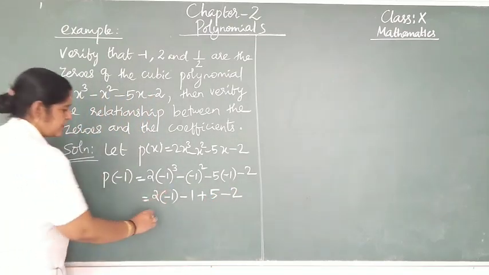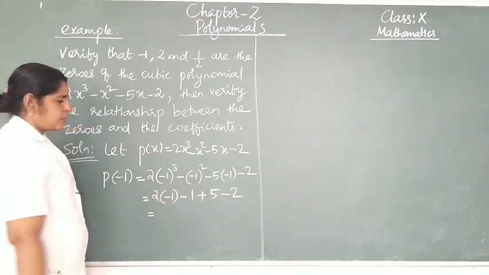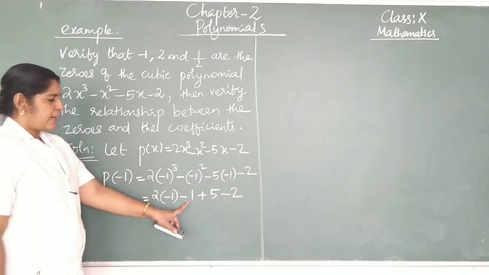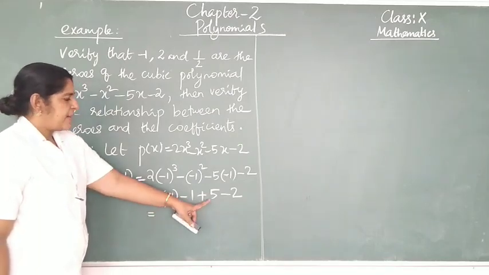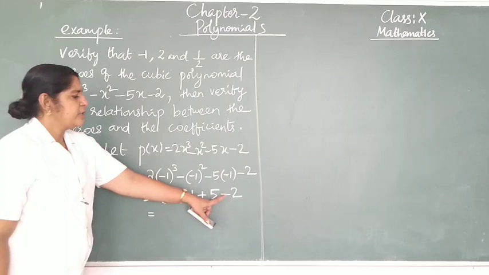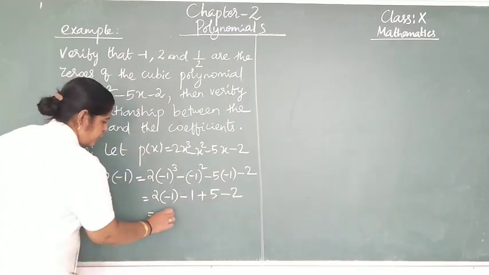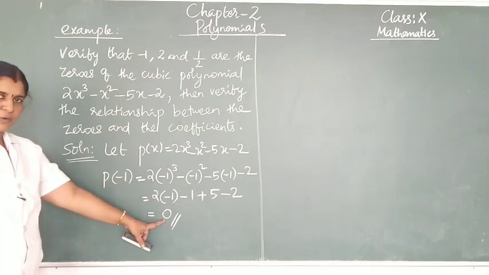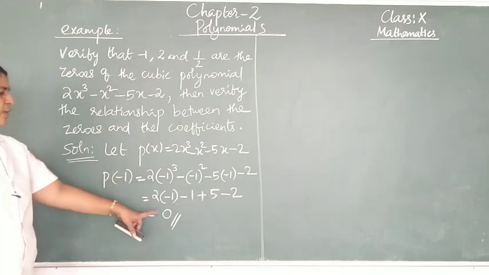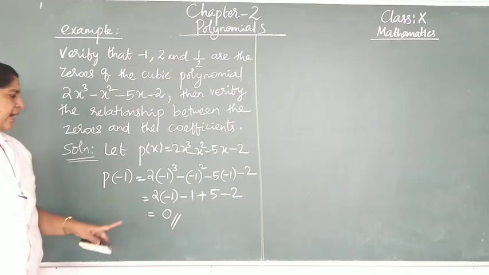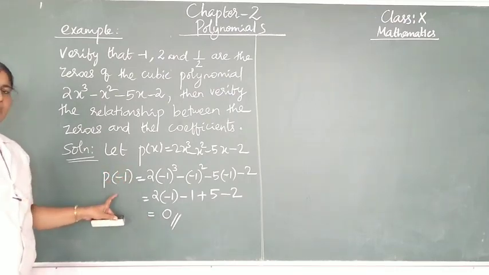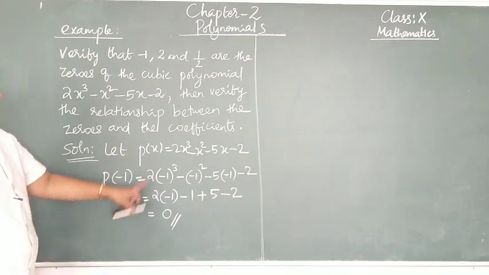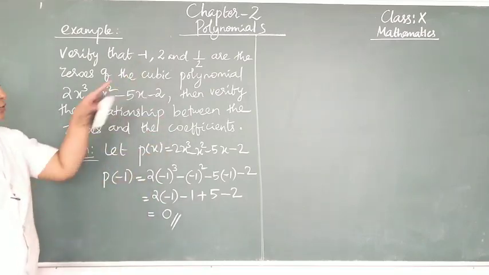Now add this. So 2 into minus 1 is minus 2, minus 1, is minus 3, plus 5 is 2, and 2 minus 2 is 0. So what did you get? P of minus 1 is equal to 0. So when you are getting the value equal to 0, we can conclude this number minus 1 is a zero of the given polynomial. Likewise we are going to find out for the other two numbers.